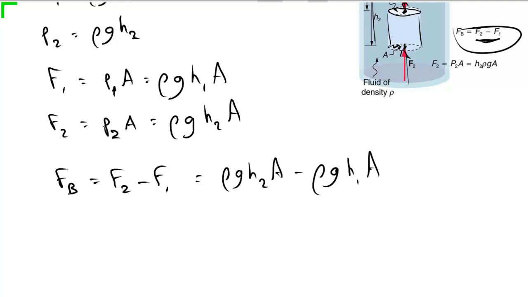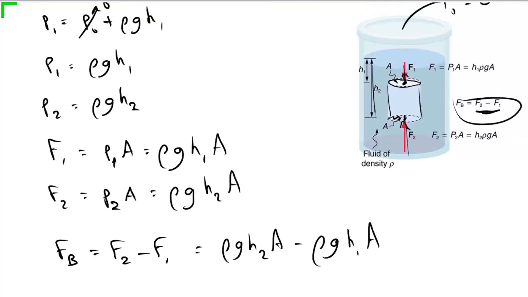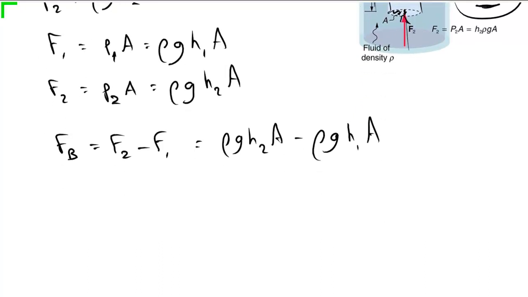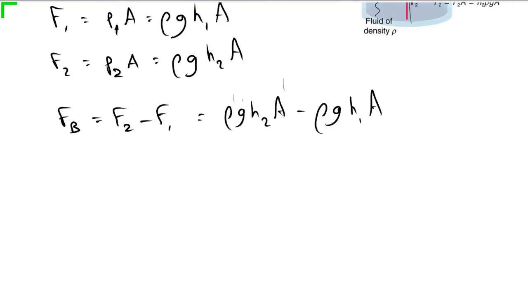By the way, this is the density of the fluid, because it's the pressure in the fluid. Okay, so we look at this, and the density of the fluid, gravity, and area are all constants. We can factor these out.